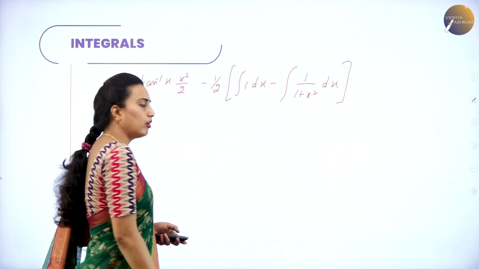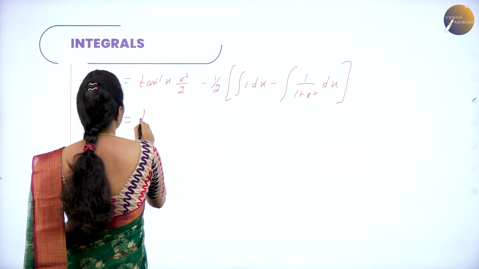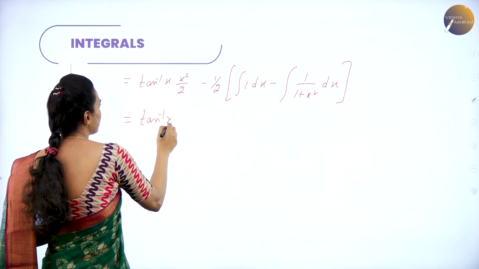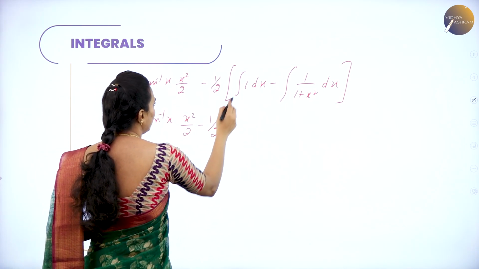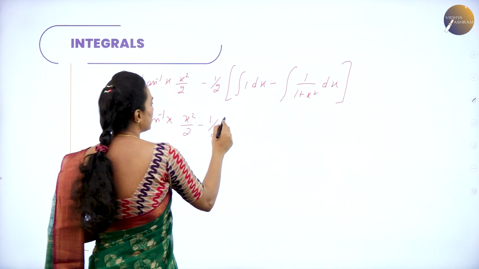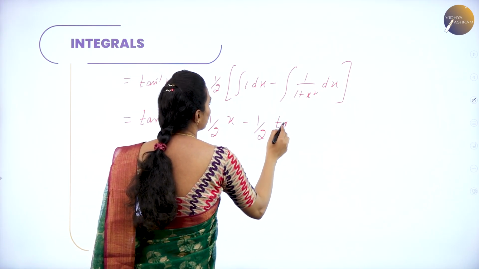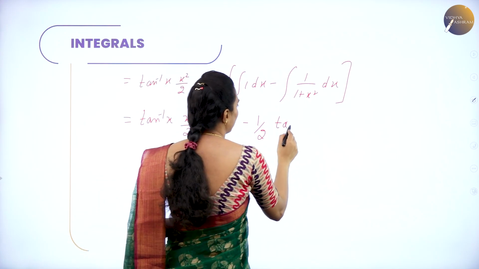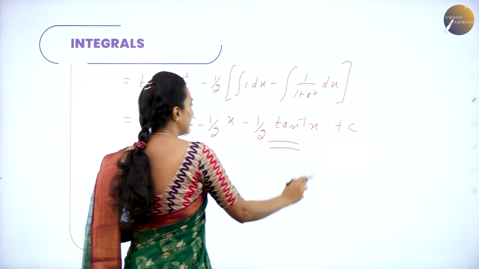Now you know integral of 1 by 1 plus x squared is tan inverse x. So therefore, which implies tan inverse of x into x squared divided by 2 minus 1 by 2 into integral of 1 dx is x minus 1 by 2 into integral of 1 by 1 plus x squared, tan inverse x, right? Tan inverse x plus c. And this is your final answer.